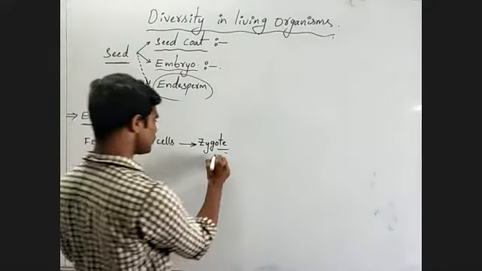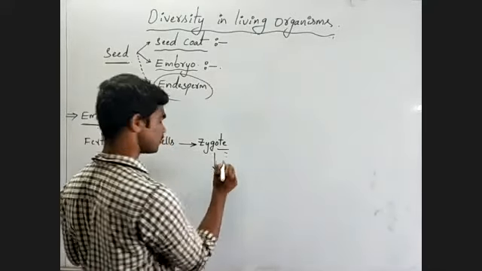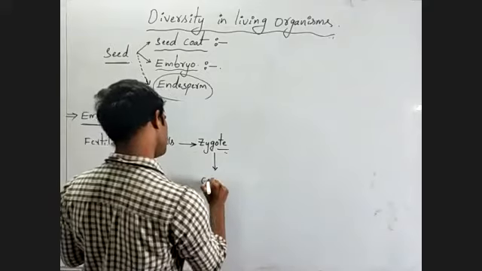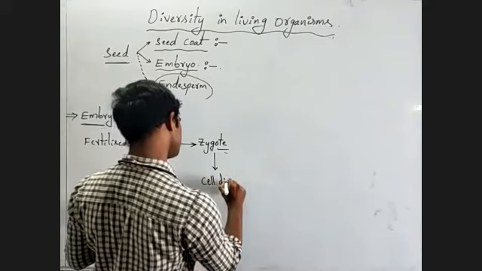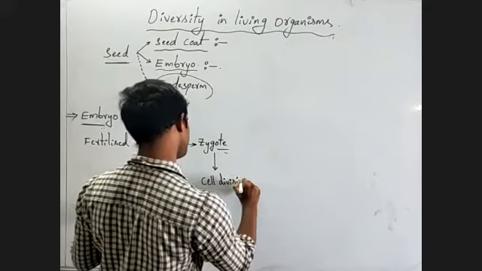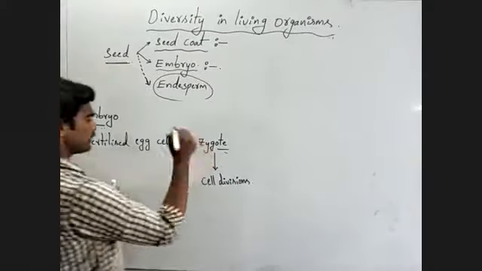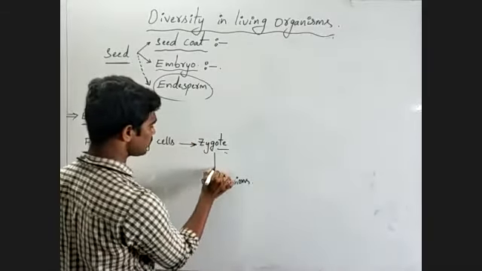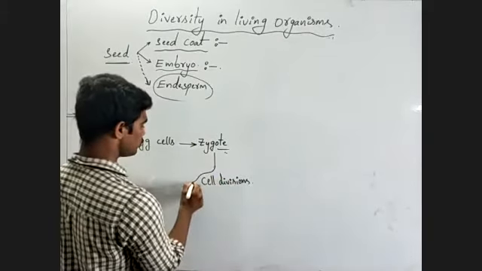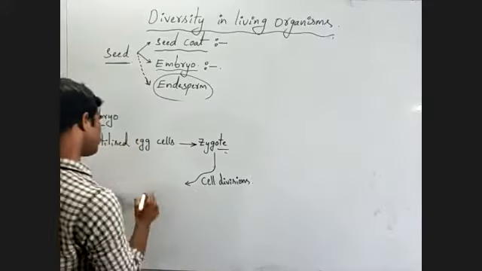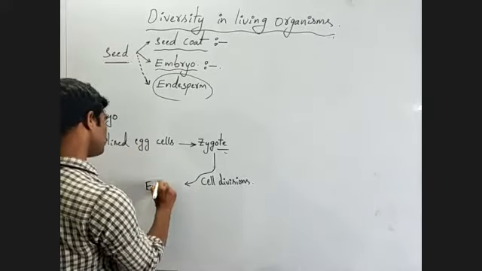Then the zygote is involved in a number of cell divisions, mitotic cell division. Ultimately, the zygote is developed into the embryo.